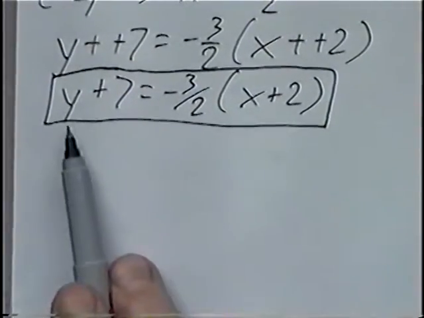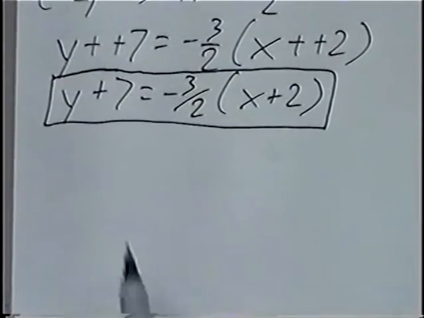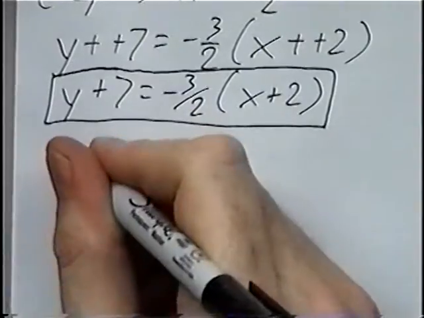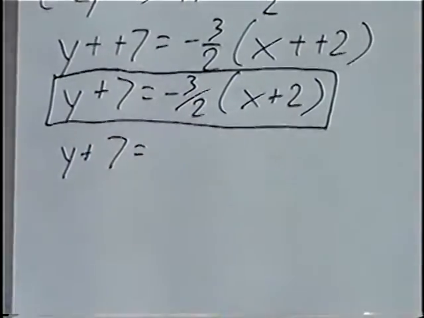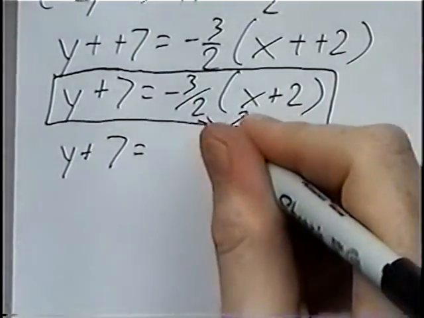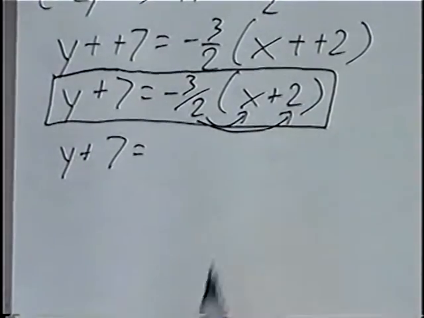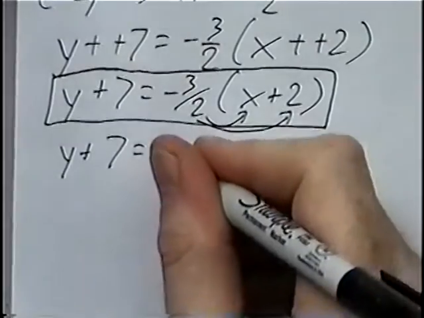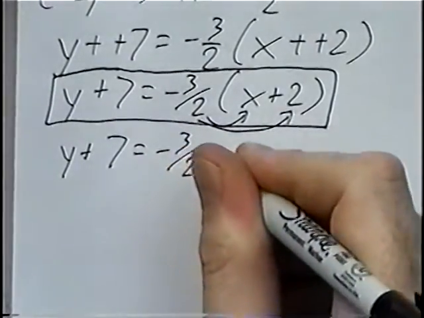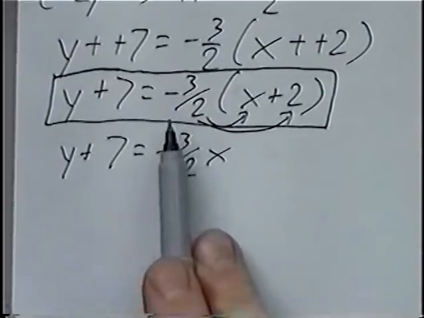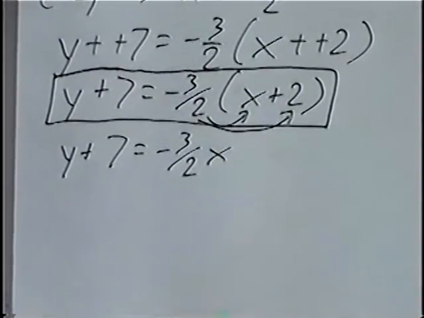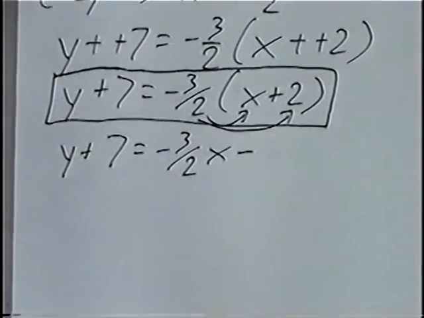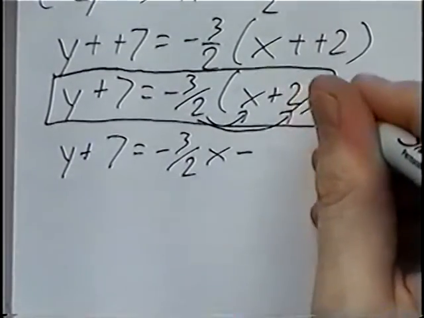Second part of the question, again, we can take point-slope form and rewrite this in slope-intercept form. To do that, the y plus 7 we can leave the same, and we can distribute or multiply the negative 3 over 2 into the parentheses. Negative 3 over 2 times x will be negative 3 over 2x, and negative 3 over 2 times a positive 2: a negative times a positive would be negative, and the 2 we can make a fraction, put it over 1.